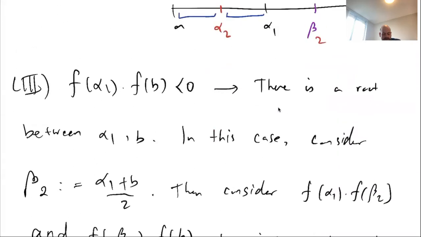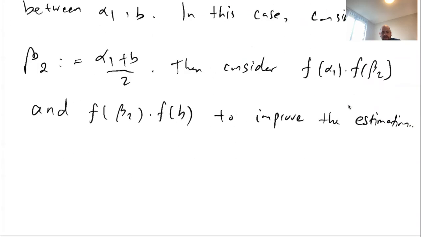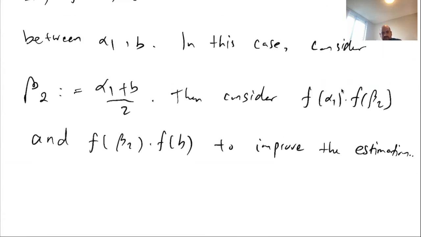This number will be negative if the root is here. And if the root is between beta 2 and B, then this other number will be negative. So in any case, we calculate this number and this number, and find out which one is negative to narrow down the root more than before. Let me show all these in an example.